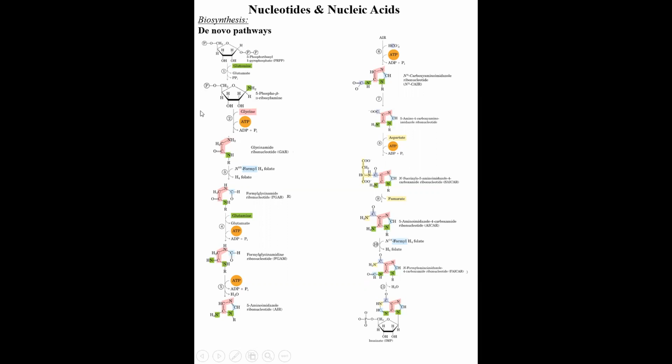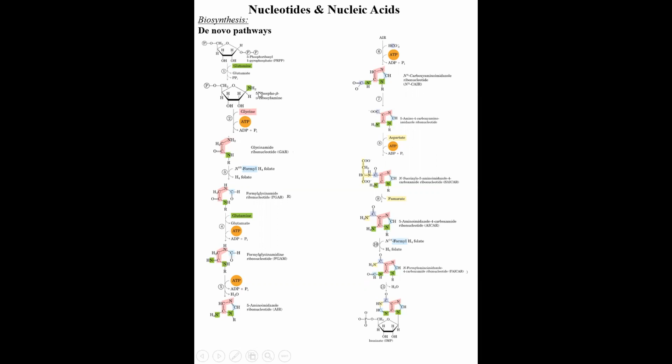So this compound becomes 5-phospho beta ribosylamine. You can see this green color nitrogen is coming from glutamine, and it is 5-phospho-beta-D-ribosylamine.